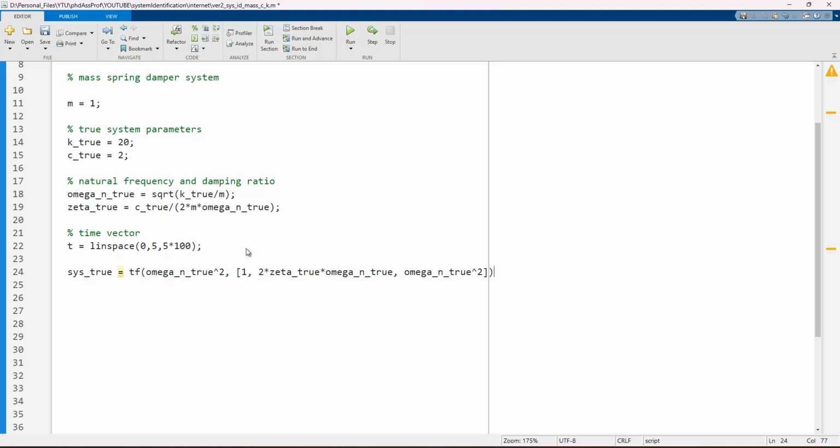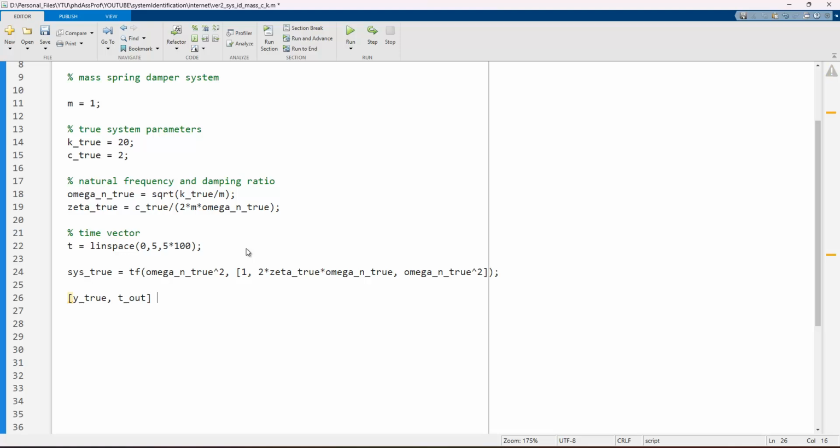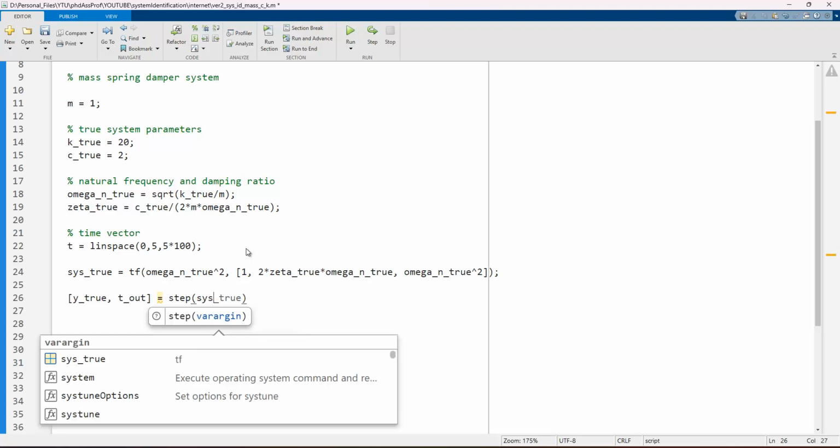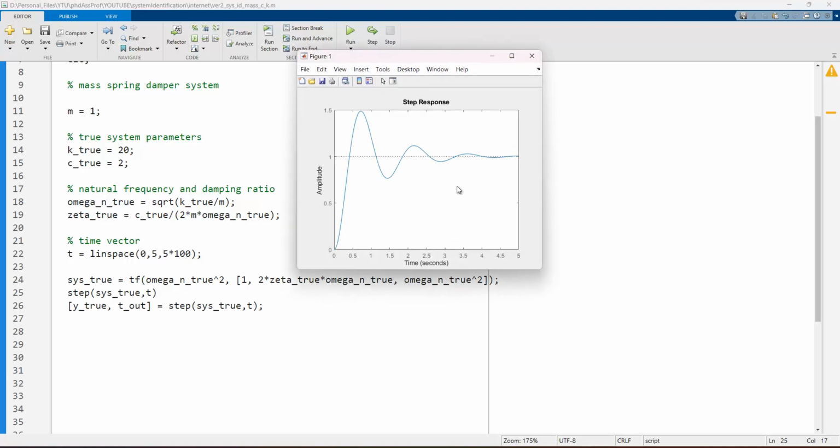Okay, these are the transfer function, and after that for a given step function, y true value and t out value are obtained with step of sys true with the t values. Okay, these are basic response of our systems.